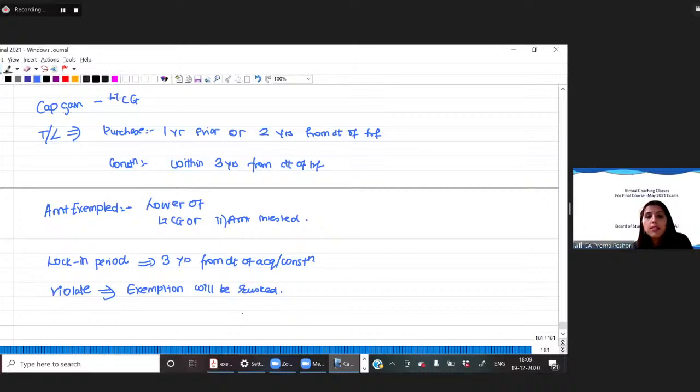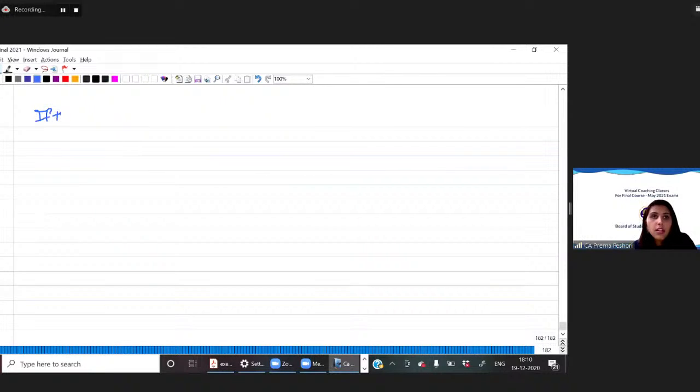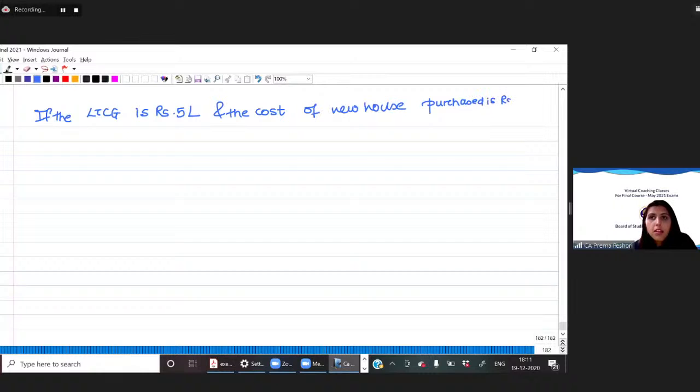So just write down. If the long-term capital gain is say rupees 5 lakhs, and the cost of the house is rupees 7 lakh, and the cost of the new house purchased is rupees 7 lakhs.